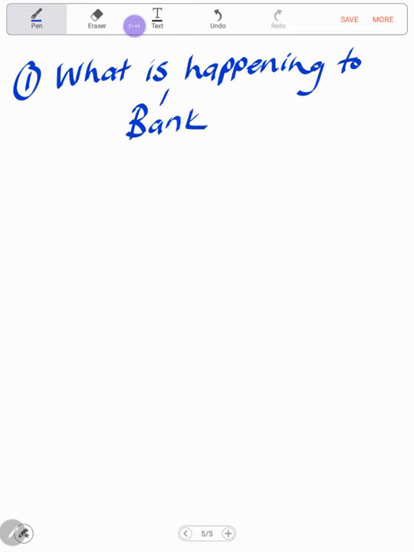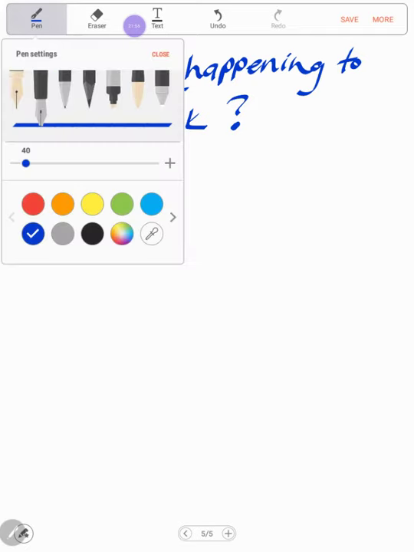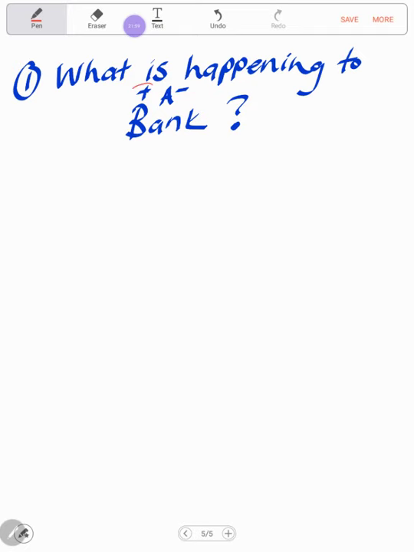Remember, grade 8s, bank is an asset account. It increases on the debit side and it decreases on your credit side. So you are asking, what is happening to bank? Is your bank increasing? If yes, ask yourself the next question. Where is the money coming from?